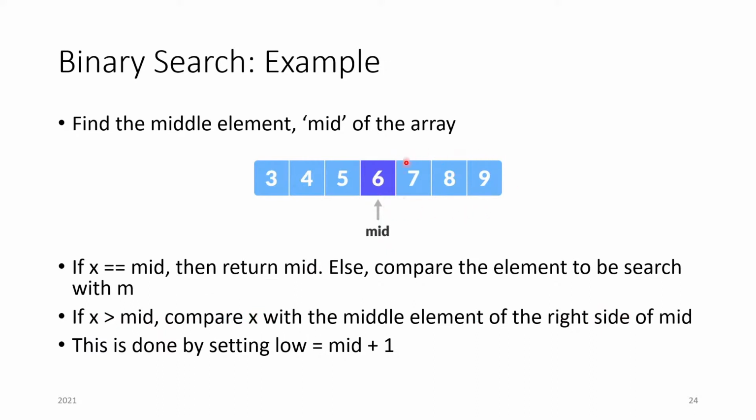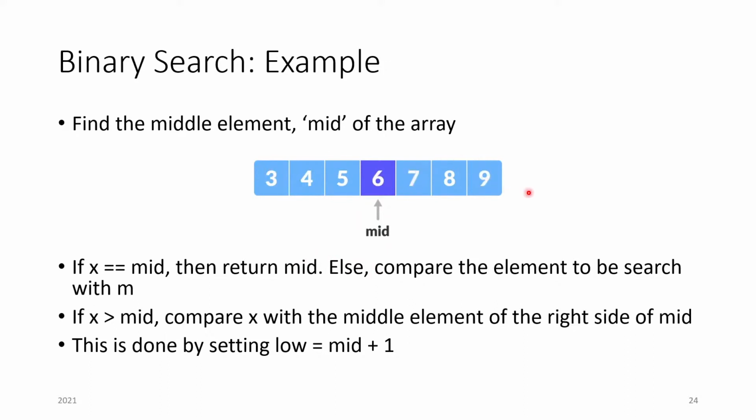And as a result, for this particular case, I think I'm going to have to correct this, our lowest-most value here, no, this is correct, sorry. So we set low to be mid plus 1, so that we're only searching on this side.